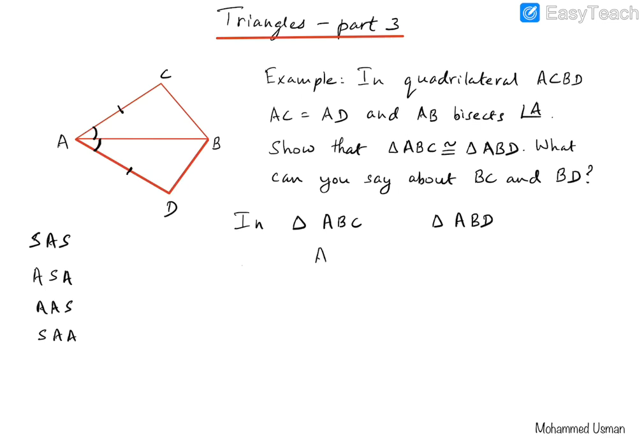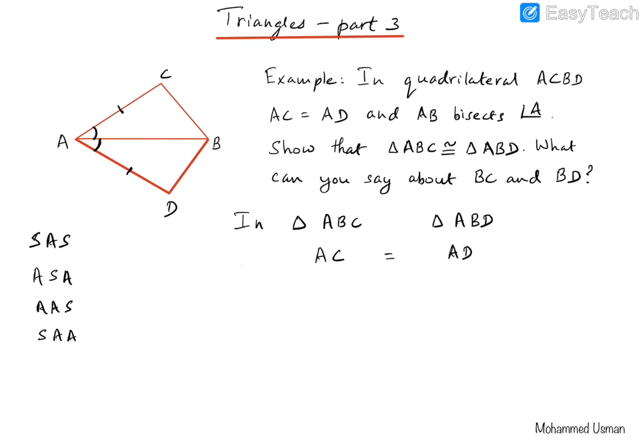So in triangle ABC we have AC, and that is equal to, in triangle ABD we have the side AD. So AC is equal to AD, that's given to us. So that's one side here. Then we have the angle CAB equal to angle DAB, because the line AB bisects angle A.